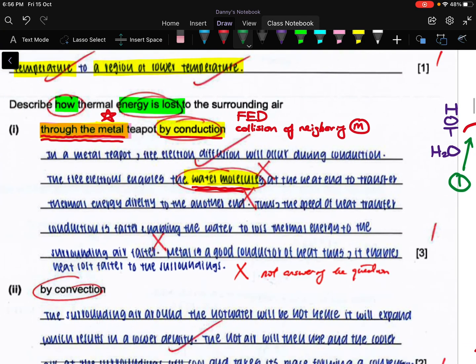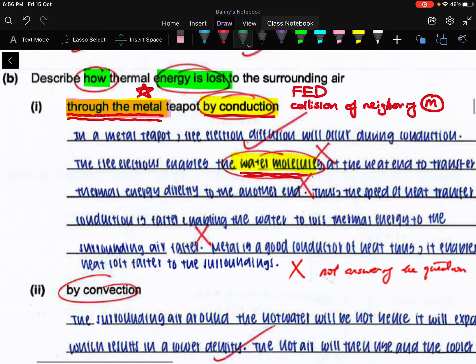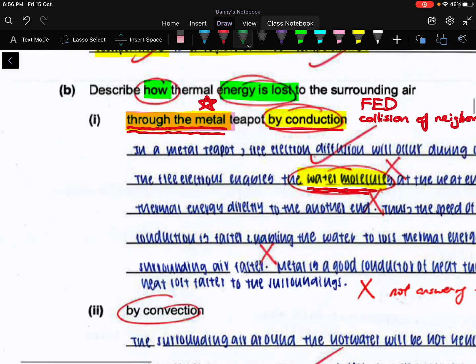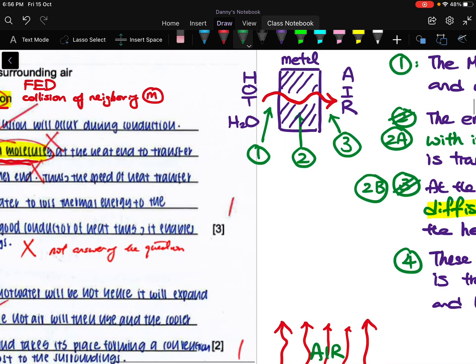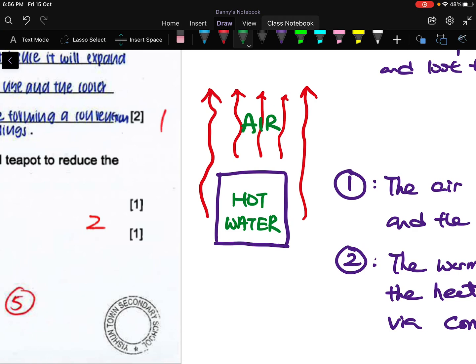Okay, for the next part, you are asked to talk about how thermal energy is lost to the surroundings by convection. So basically, this is what you should picture: the hot water is losing heat to the surrounding air through this convection current which is rising.